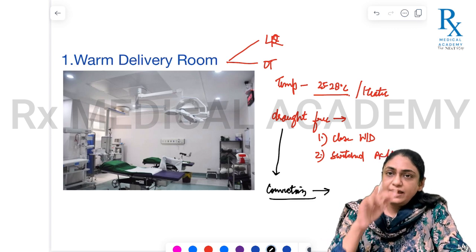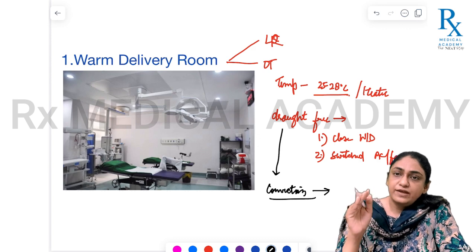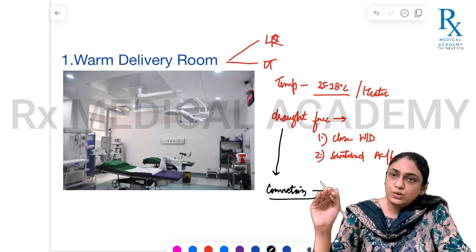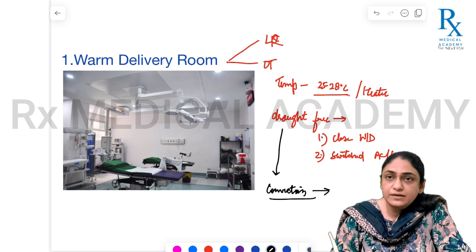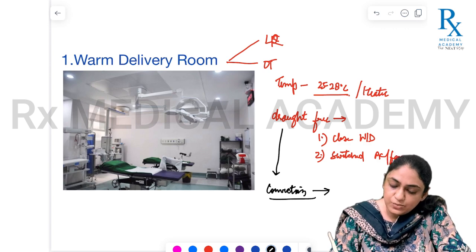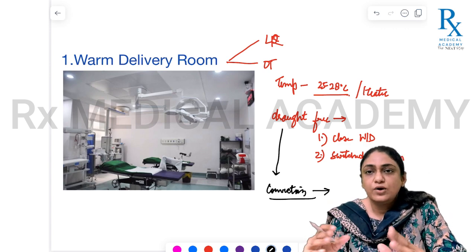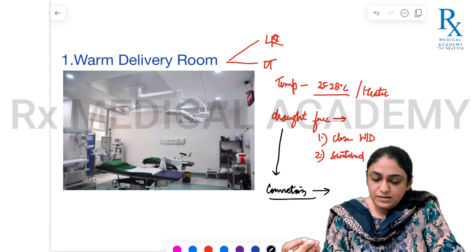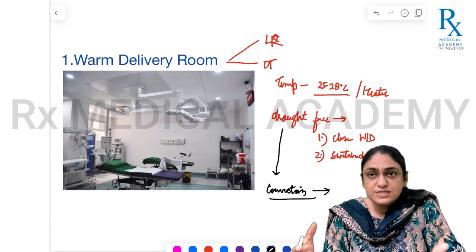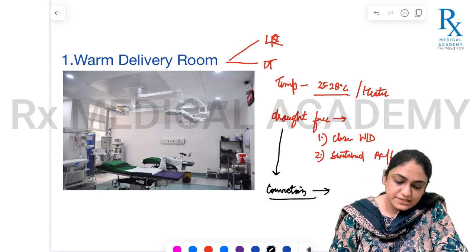In convection, whenever warm air is being replaced by cold air through air currents, this can lead to heat loss in the newborn. So heat loss by air current is convection. When we make the delivery room draught free, we prevent hypothermia or heat loss by convection.